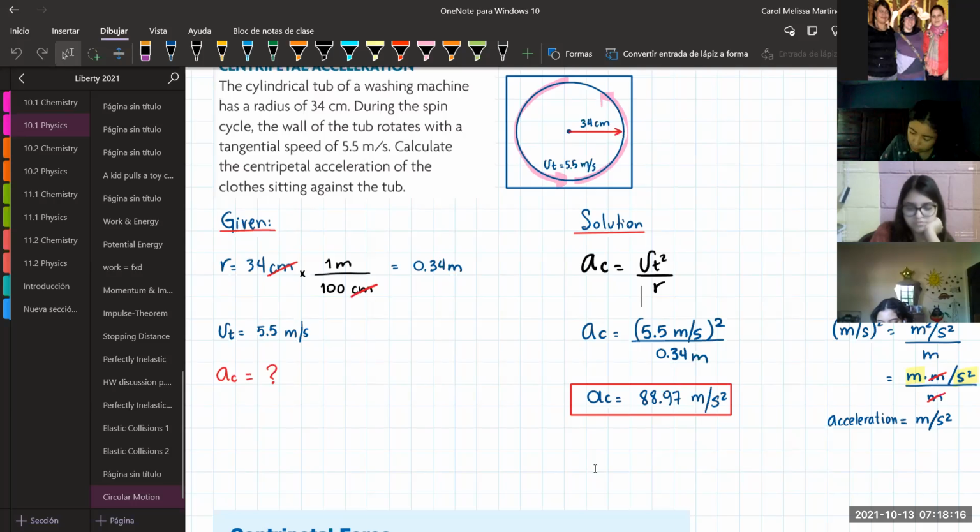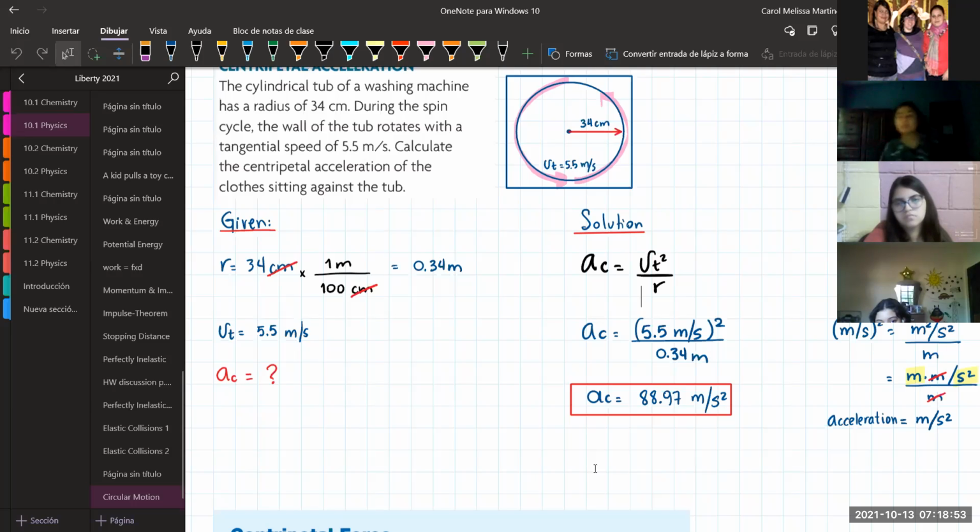And this is why, take a look here, when you cancel the units, we need to do the conversion from the beginning. If you do not convert centimeters to meters, you wouldn't be able to perform this cancellation of units, okay? So please, every time you see units that are different than meters, it doesn't mean that you cannot work like that, but you need to be consistent.